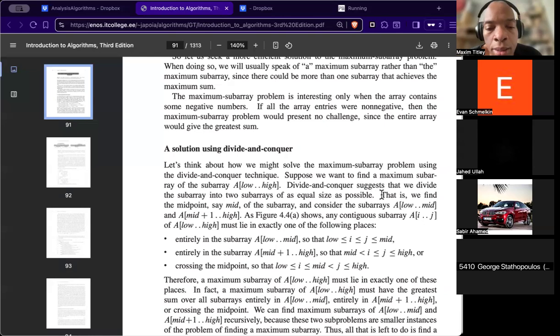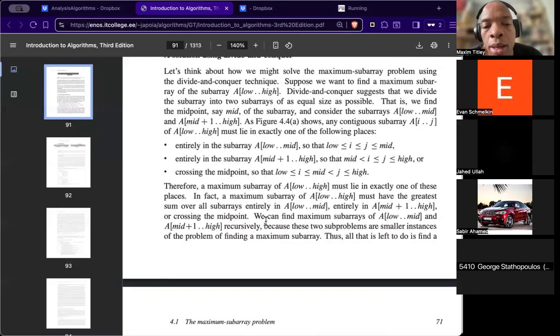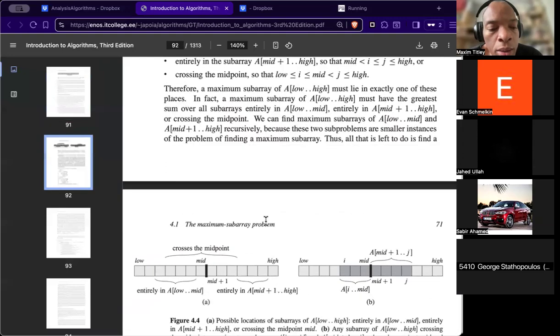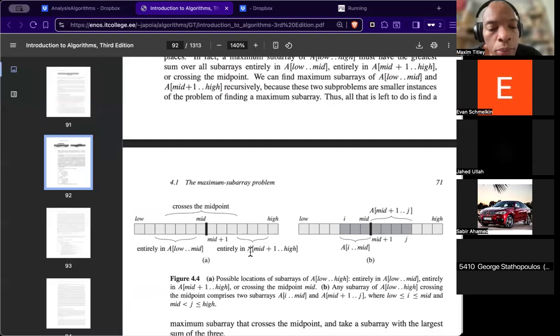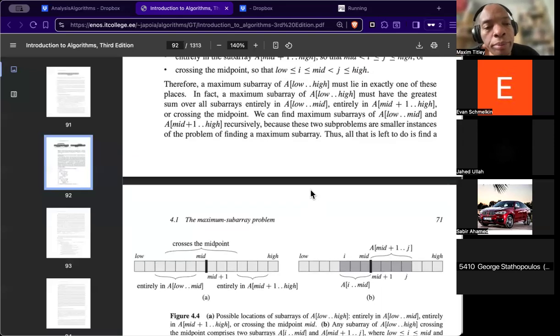So we simply divide into a subarray and then try again. Now we find the midpoint, say mid of the subarray, and consider the subarray A from low to mid, and the other one from mid plus one to high. Taking into consideration what we see in illustration 4.4, this is the first half, here you have mid, and then here's the second half with mid plus one to high, okay?